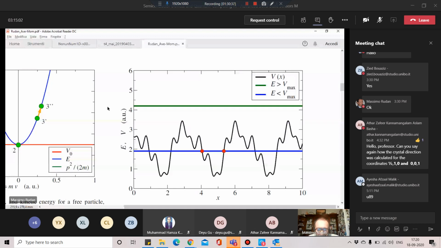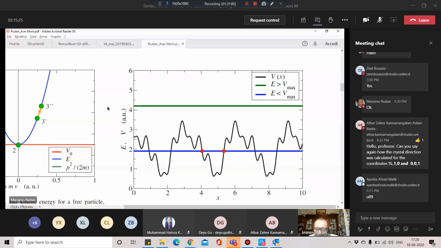A second possibility, which is not shown here in the figure, is that the total energy is smaller than the minima, the absolute minima of the potential energy, okay?